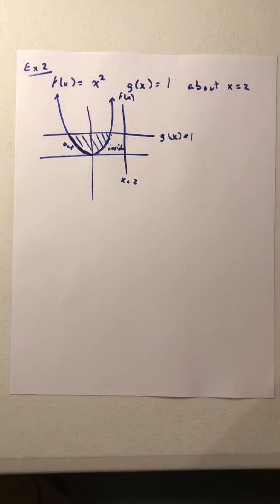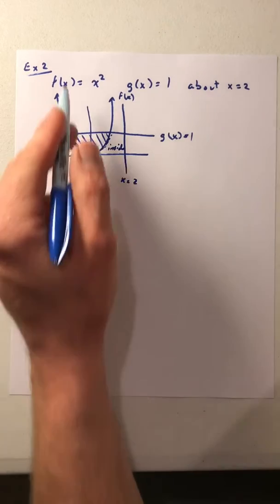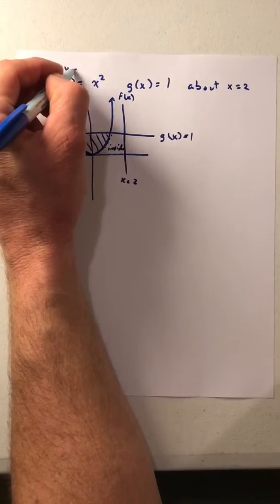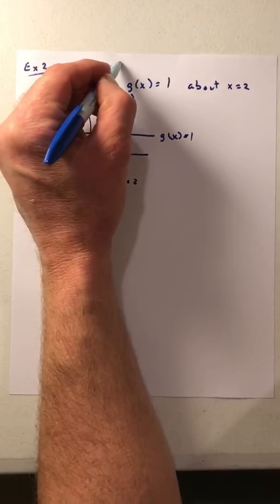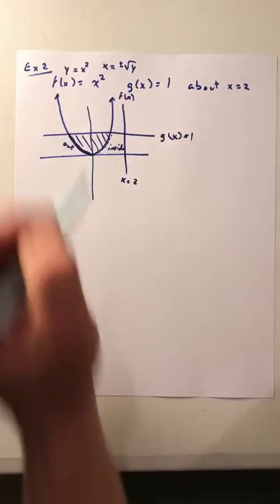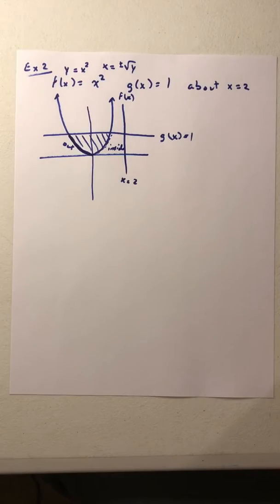Well, remember, if we're going to revolve it around a vertical line, then we had to be in terms of y. So we know that y equaled x squared. So we know that x has to equal plus or minus the square root of y. Well, how does that play into this parabola?